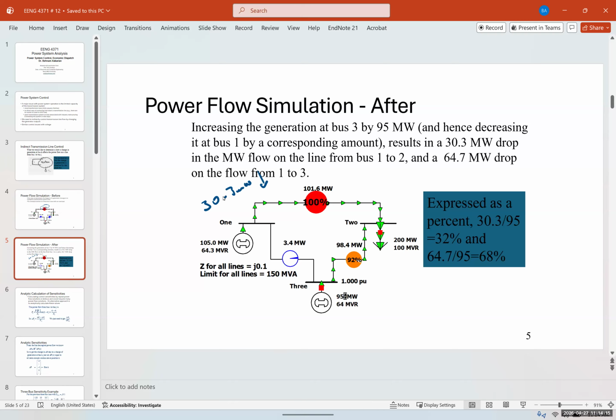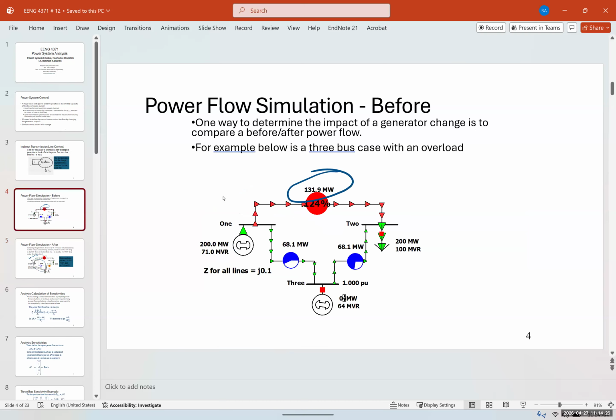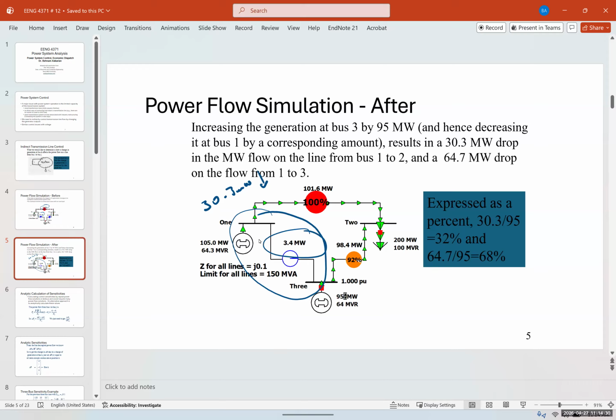And the flow from bus 1 to bus 3, how much was it before? It was 68.1, and it dropped to 3.4. So how much did it drop? About 64 megawatts. To be exact, 64.7 megawatts. So this one dropped and this one dropped.